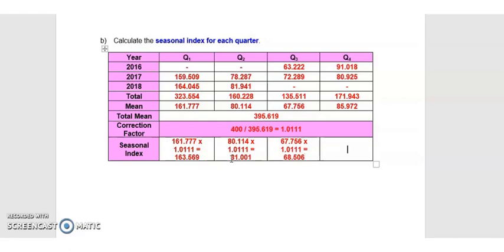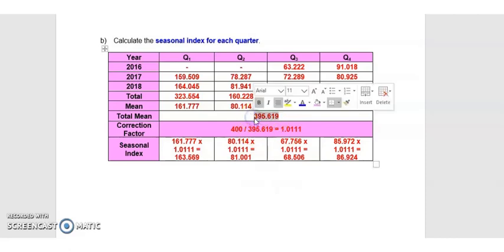And last quarter mean, 85.972, multiplied by correction factor, so this one equals 86.924.